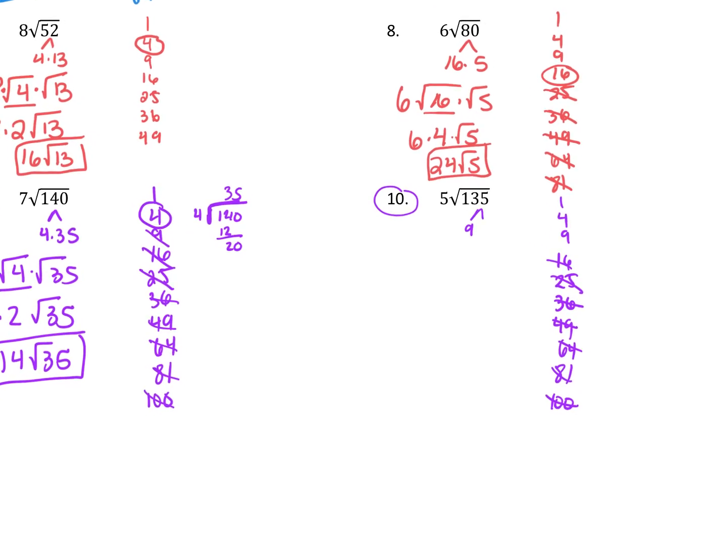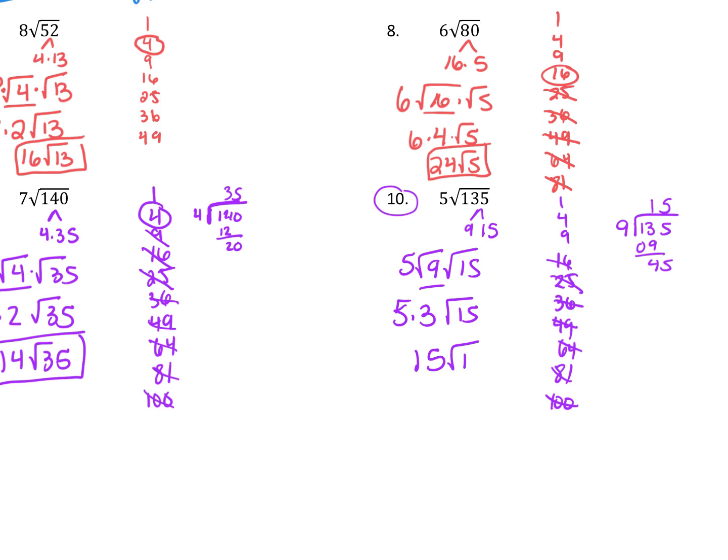And if I do 135 divided by 9, I'm going to get 15. So 5 square root of 9, square root of 15. Well, square root of 9 is 3. So I'm going to end up with 15 square root 15.